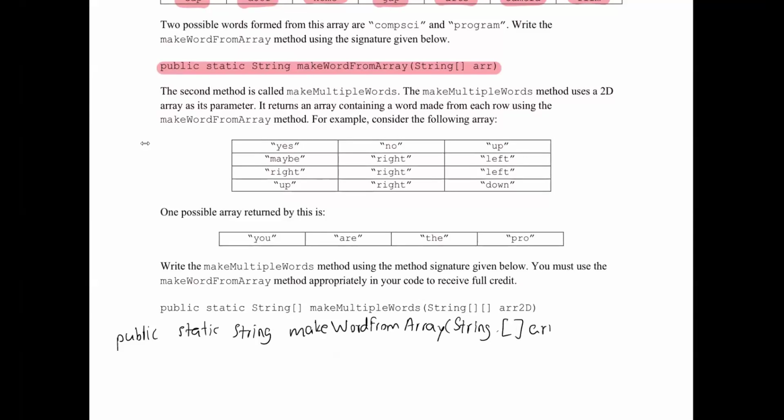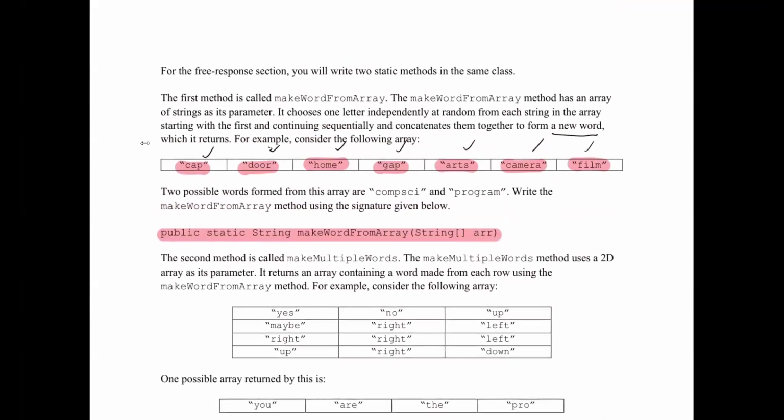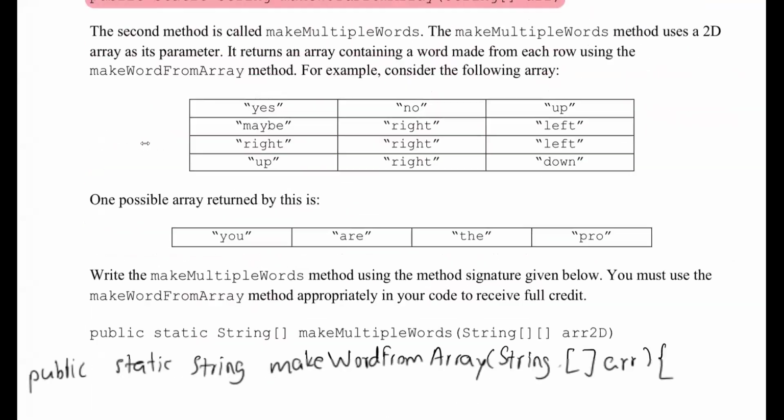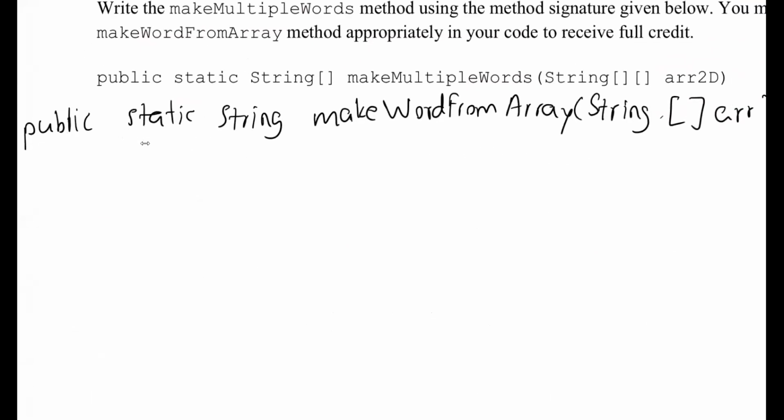All right. So first we are going to iterate, and then we're going to get a random character. Before we do that, first we need to declare a variable for the answer.